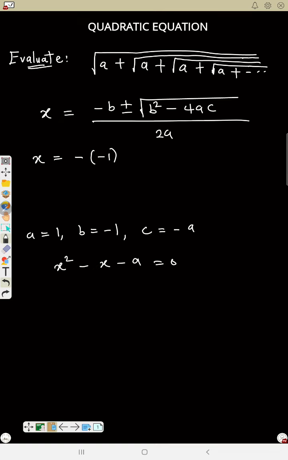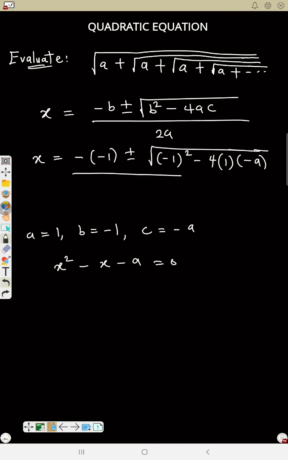So minus b becomes minus minus 1, plus or minus square root of b squared, that is minus 1 squared, minus 4 times a which is 1, times c which is minus a, everything divided by 2a, that is 2 times 1.